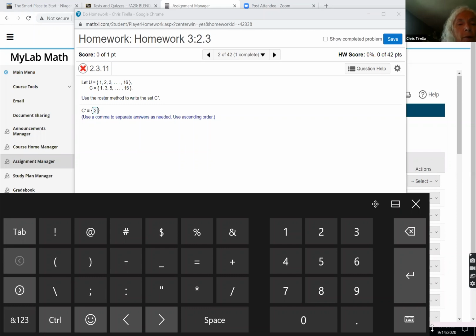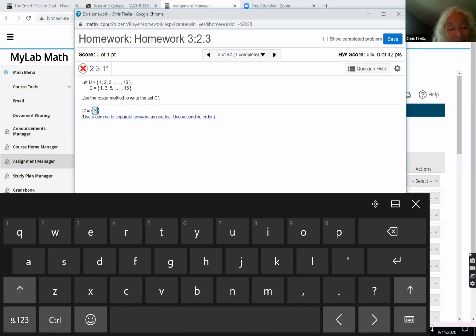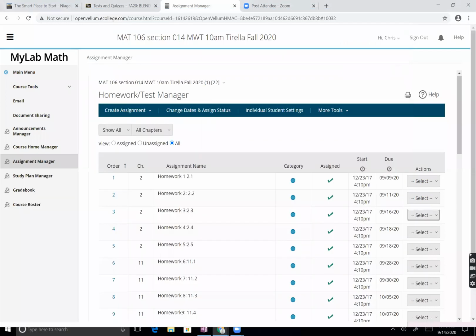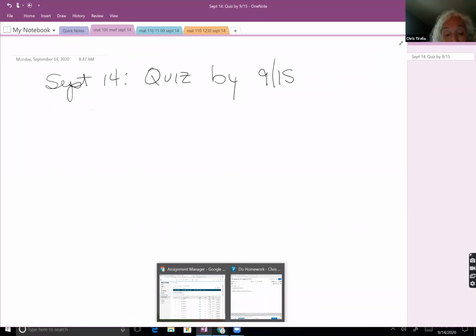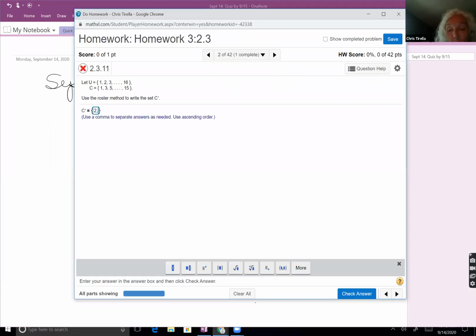Oh, Lord. And I did all that typing and it didn't register. I thought my phone was frozen. Oh, my heavens. Go back here again. 2, comma.